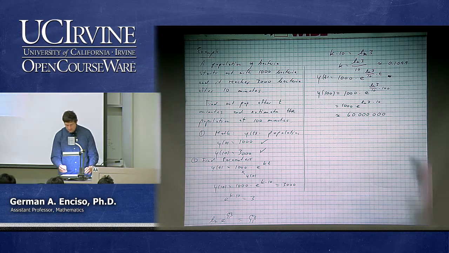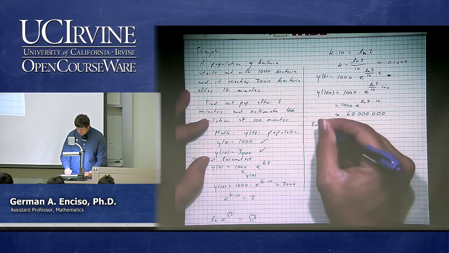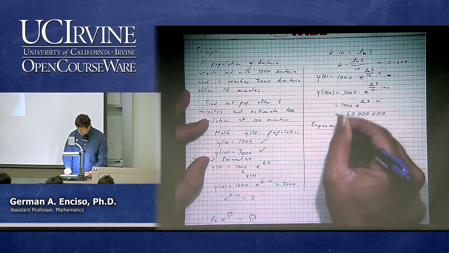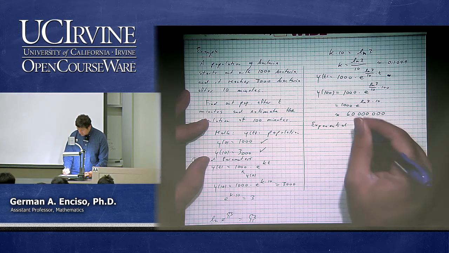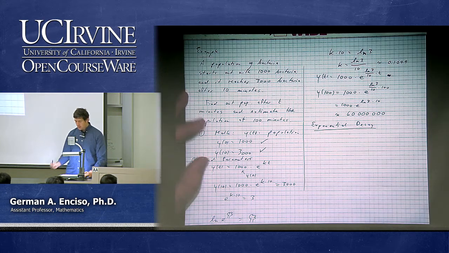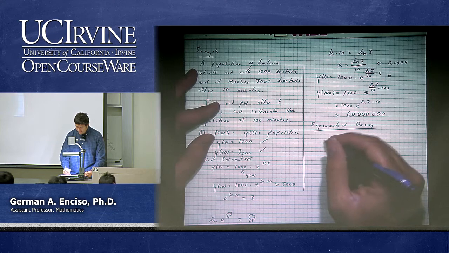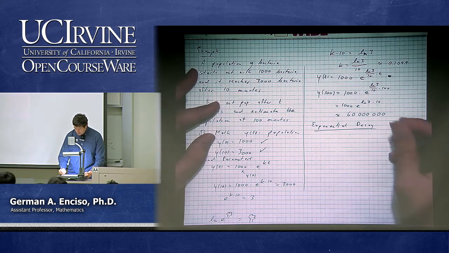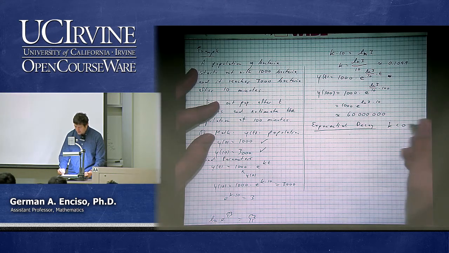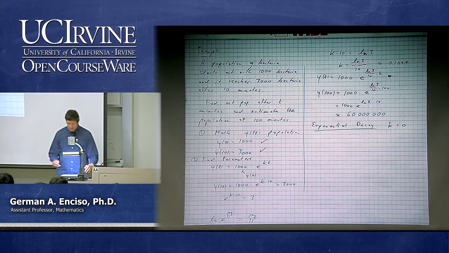Let's do an example with exponential decay. Exponential decay is going to be very similar, except that k is less than 0. So you have a decreasing function.